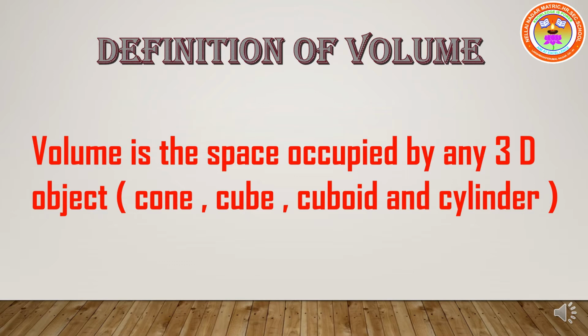I'll repeat again, children. Volume is the space occupied by any 3D object. Examples of 3D objects are cone, cube, cuboid and cylinder. Did you understand the definition of volume?